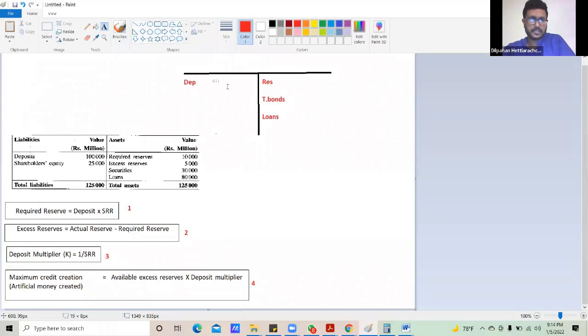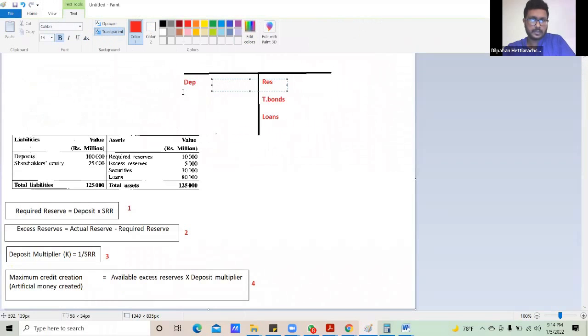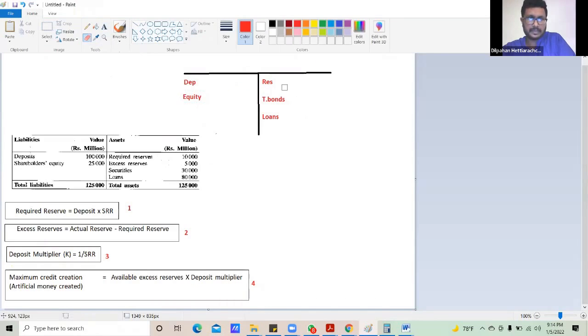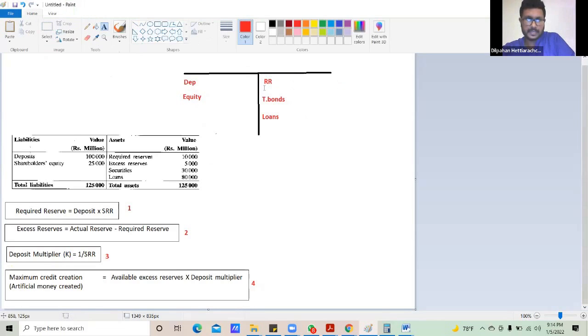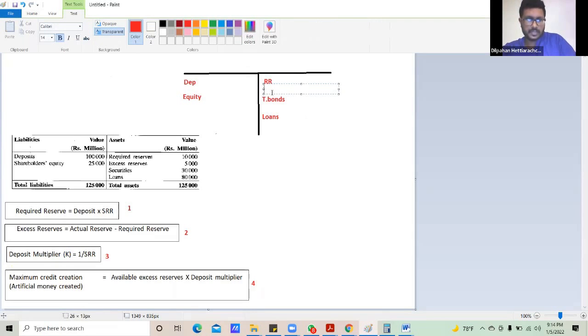Right. So deposits is there, then equity is there, reserves. What I do is the first one is required reserves and the second one is excess reserves.